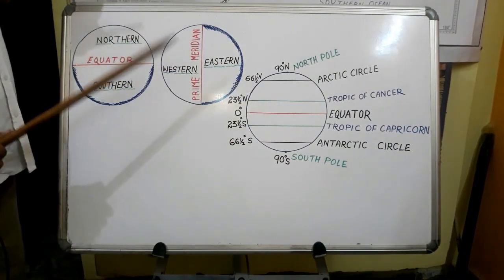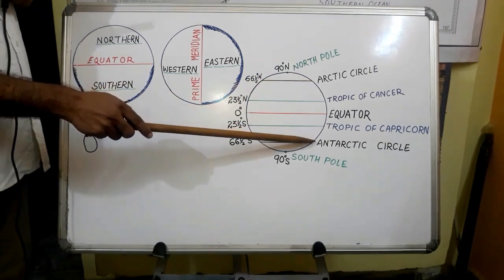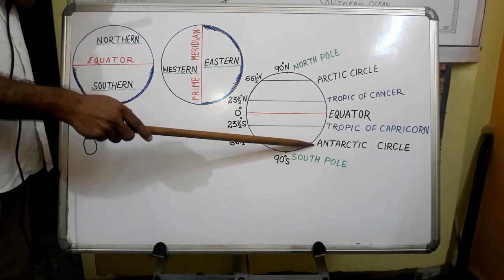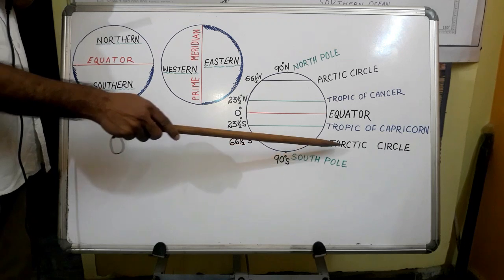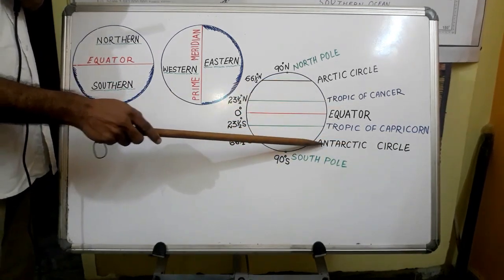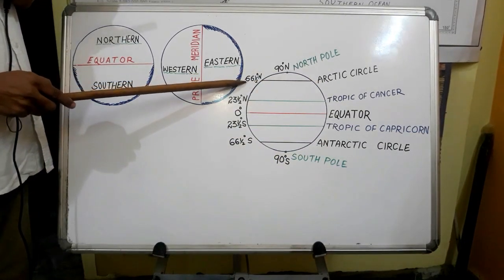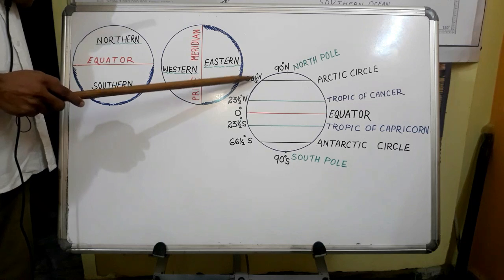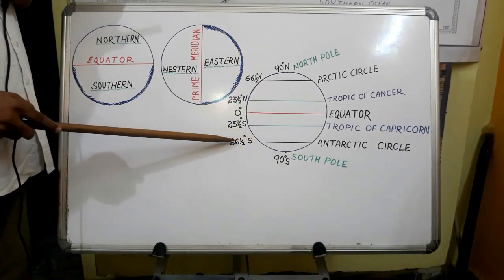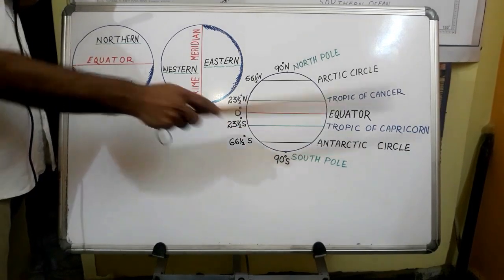Here one point you need to remember: with Arctic, the word added is 'ant', meaning opposite of Arctic. Antarctic is opposite to Arctic. So the Arctic Circle is in the northern hemisphere at 66.5 degrees north, whereas at 66.5 degrees south latitude we have the Antarctic Circle.